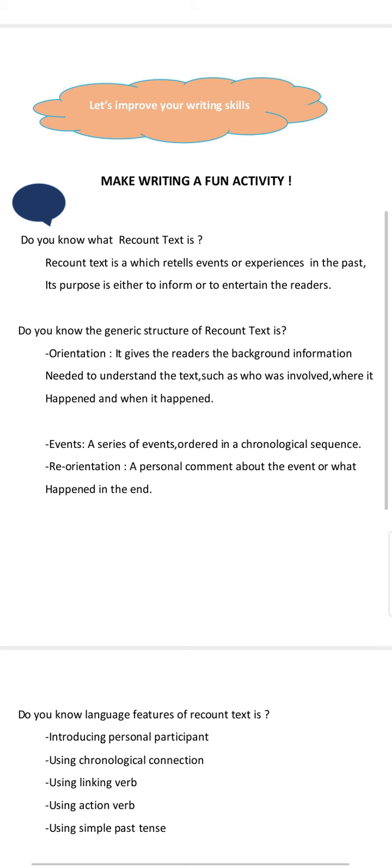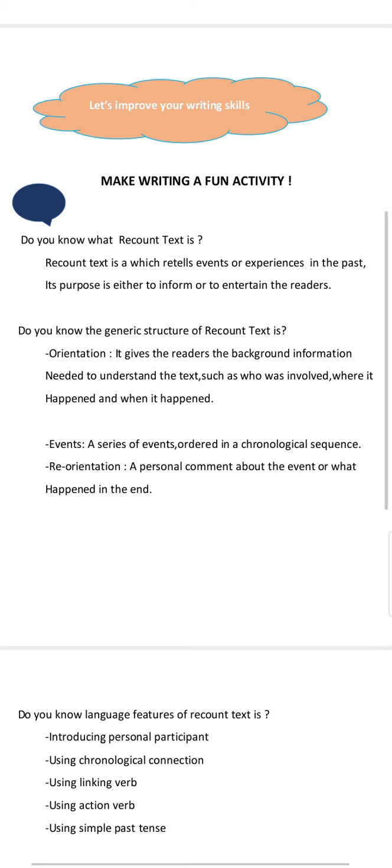Second, events, which are a series of events ordered in a chronological sequence. And the last, reorientation.